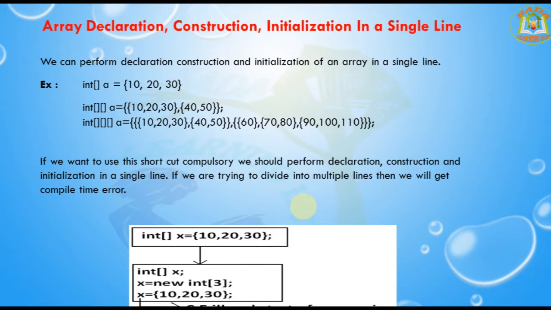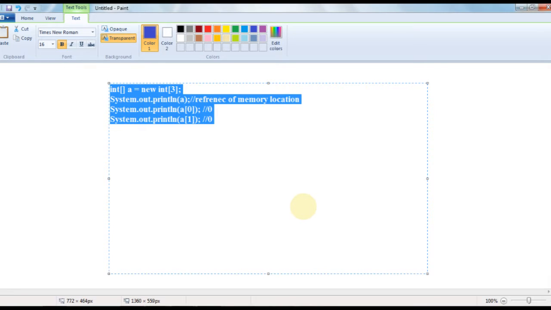Next, we are going to discuss array declaration, construction and initialization in a single line. We can perform declaration, construction, and initialization of an array in a single line like this. For example, I can show you one example.